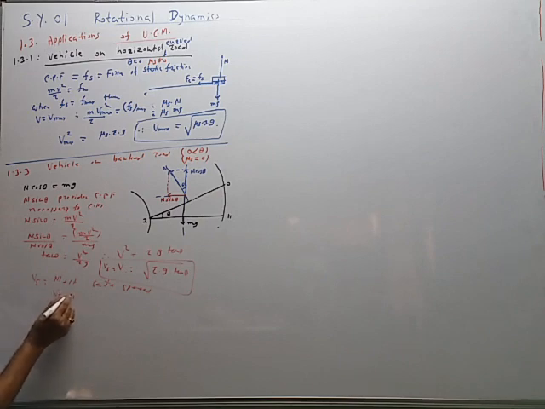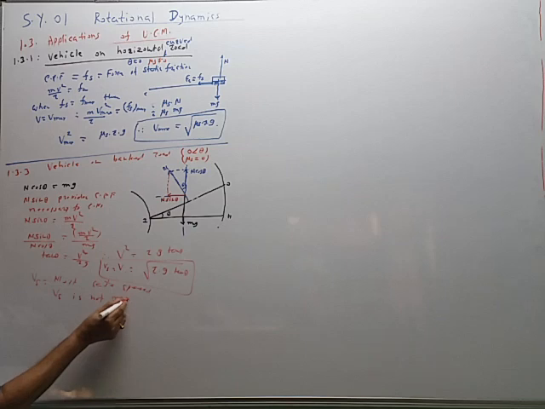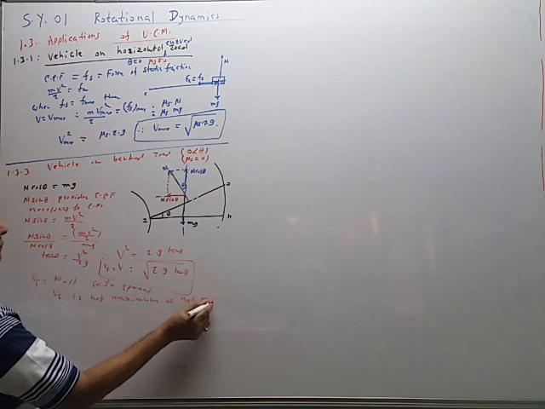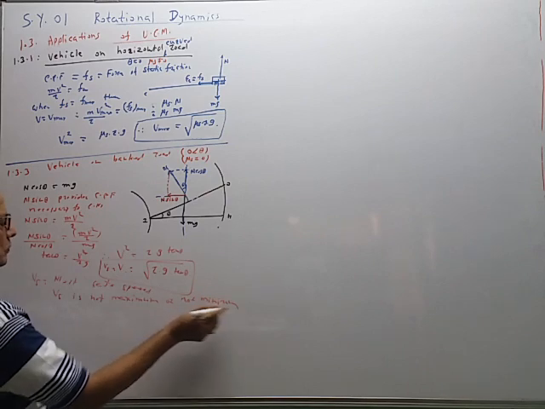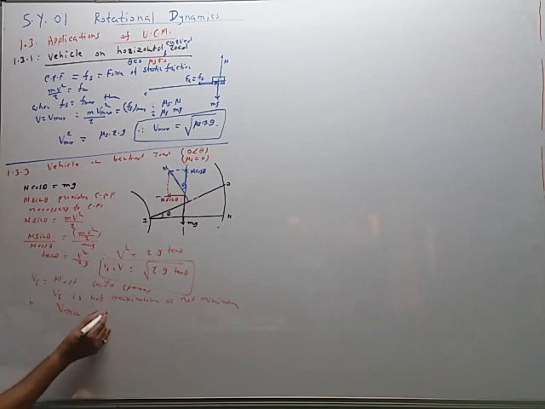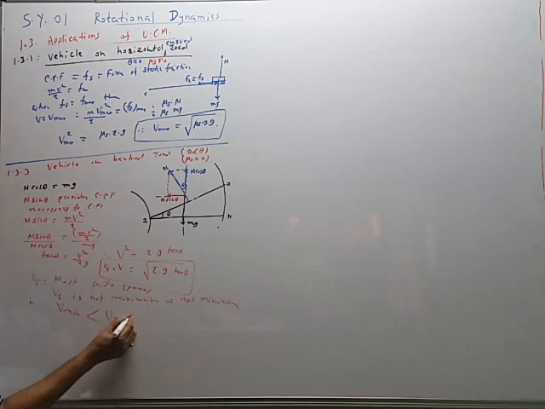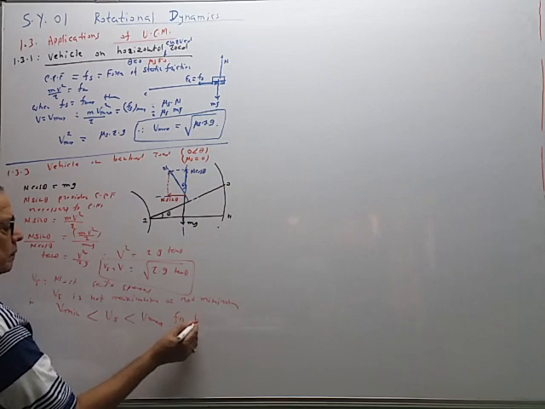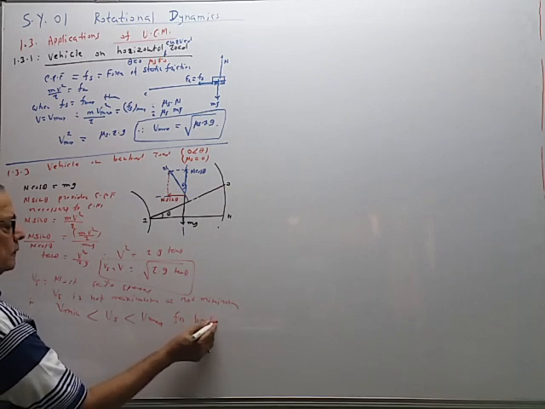This Bs is not maximum or not minimum. That is, v minimum for the banked road is less than the maximum safe speed, which is less than v max for the banked road.